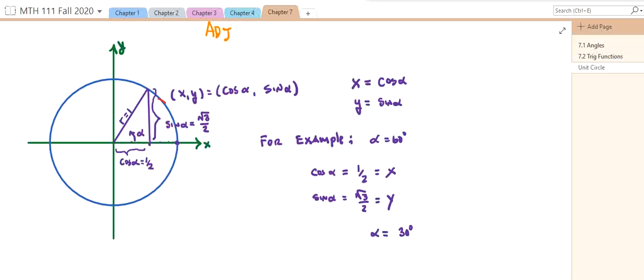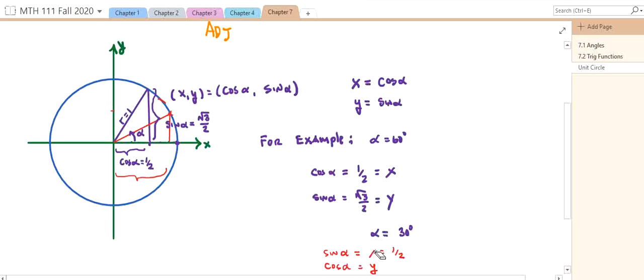Well, that means our triangle is going to change shape a little bit. Now it's going to look like this red triangle here, and essentially it's just turning this triangle around. Now the sine of alpha is 1/2 of 1, and cosine alpha is, sorry, sine alpha is still y, not x.